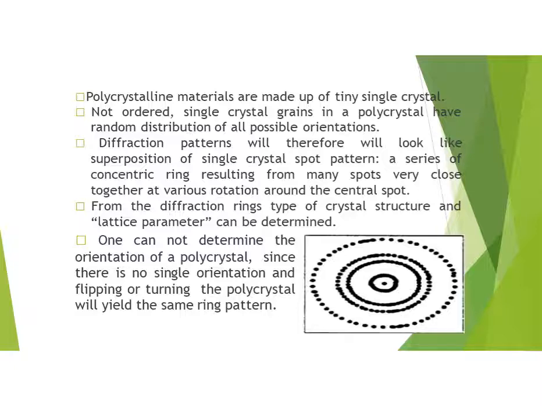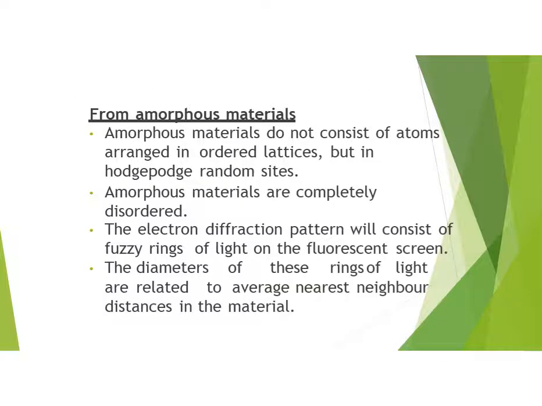From the diffraction rings, the type of crystal structure and lattice parameter can be determined. One cannot determine the orientation of a polycrystal since there is no single orientation, and flipping or turning of the polycrystal will yield the same ring pattern.